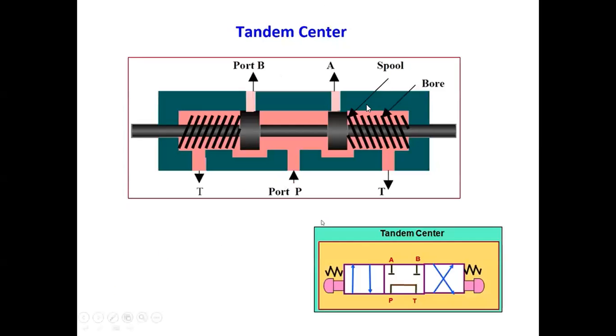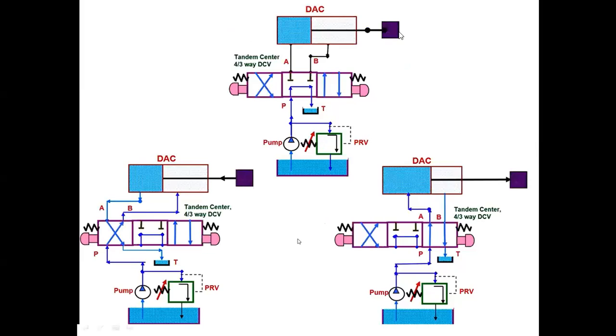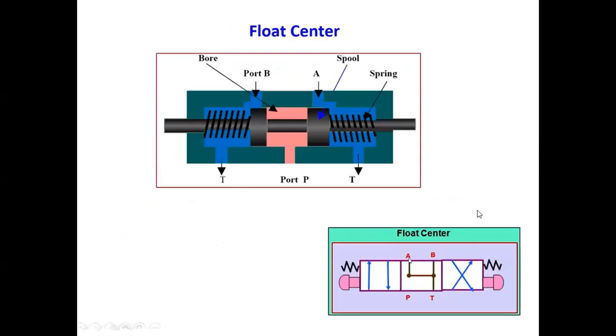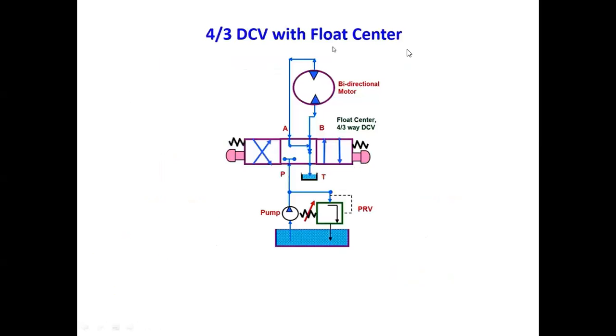See, tandem center, both port A and B are closed. Application of tandem center we can see here, like that. Float center also we can see here. 4/3 DCV with float center we can see here.